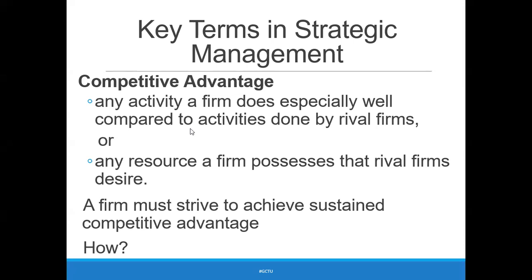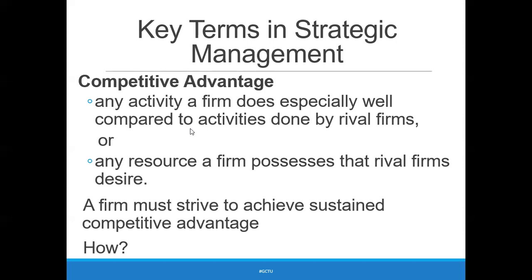So how do you strive to achieve a sustained competitive advantage? A number of options are available. I can say that the firm can continually adapt to changes in the external business environment, whilst also making good use of its internal capabilities.